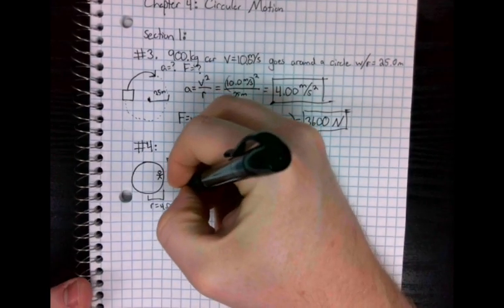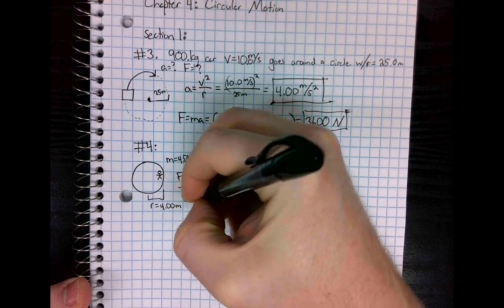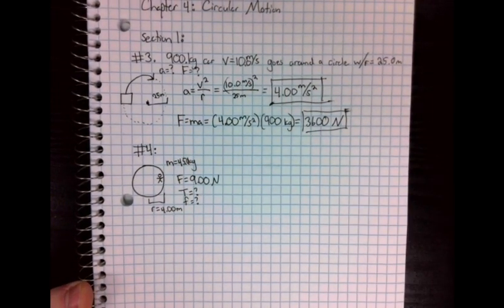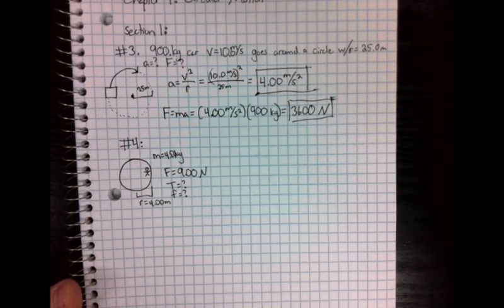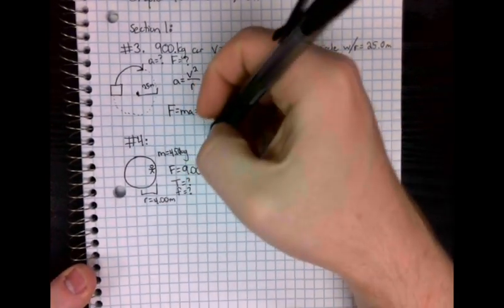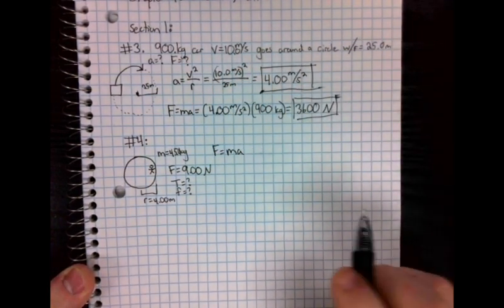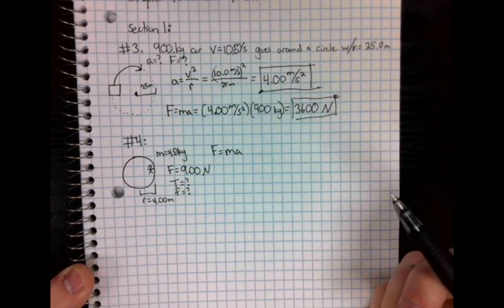The question wants us to find our period and our frequency. Those are the two things that we are looking for. Okay, so how do we solve for those? Well, starting from the top, we're given force, and we know that force is equal to mass times acceleration. We have a mass, we don't have an acceleration.